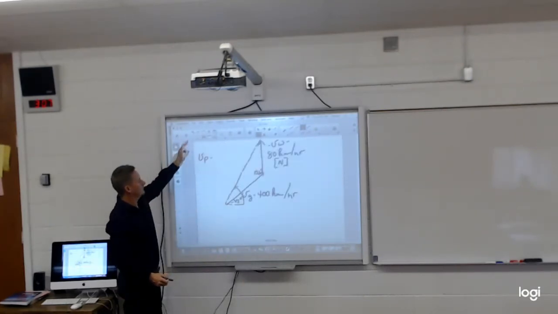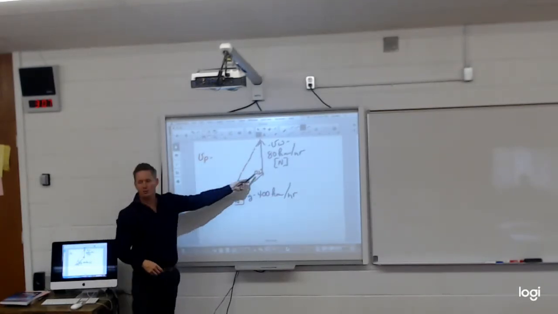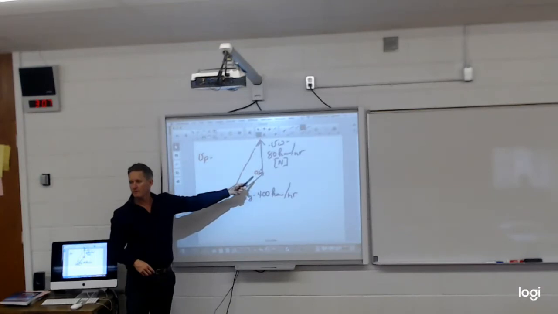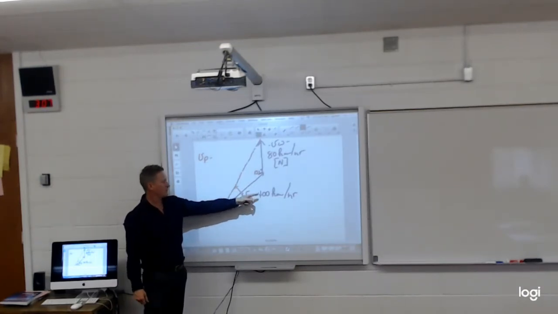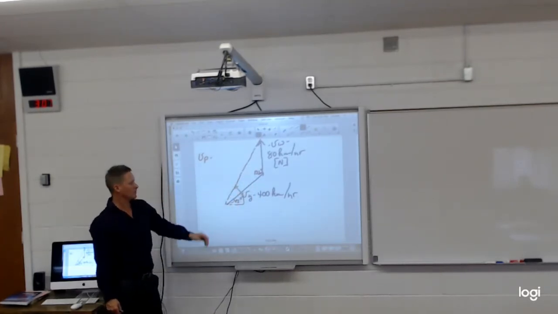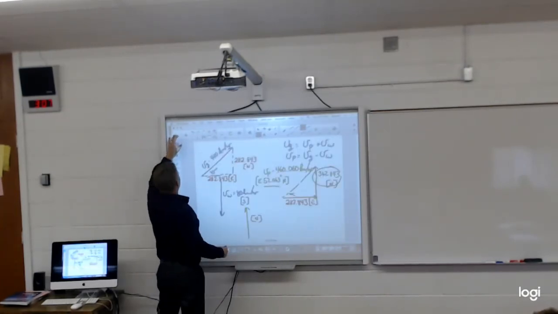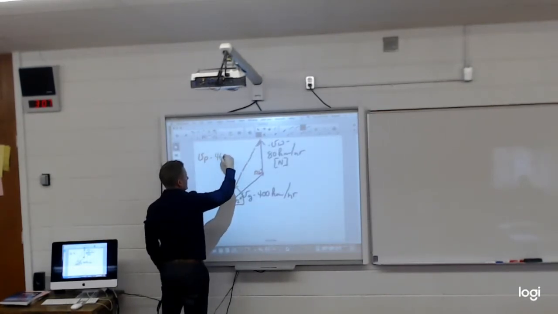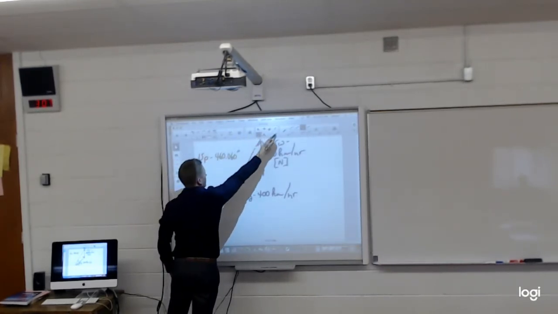Now, just for the heck of it, use your cosine law on this. It's the same. So, square root of 400 squared plus 80 squared minus 2 times 400 times 80 times the cosine of 135. And you should end up with 460.060 kilometers per hour.